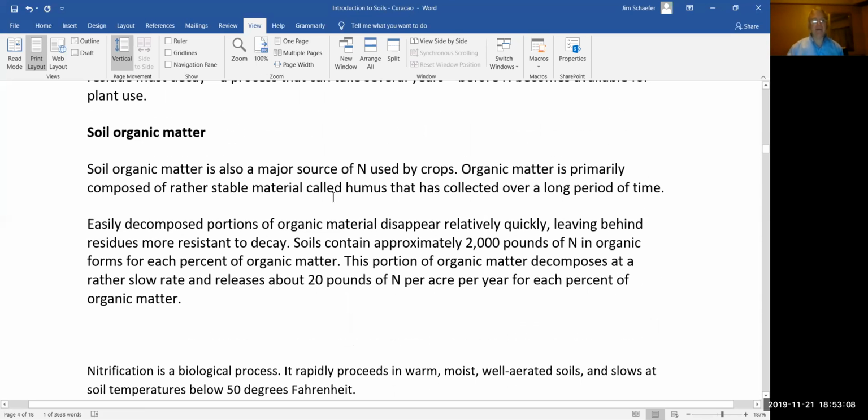Soil organic matter is a major source of nitrogen. Organic matter is primarily composed of rather stable material called humus that is collected over a long period of time. Now, this is an interesting point in discussing soil chemistry: what makes up organic matter in soil is really measured by the rate of decomposition.